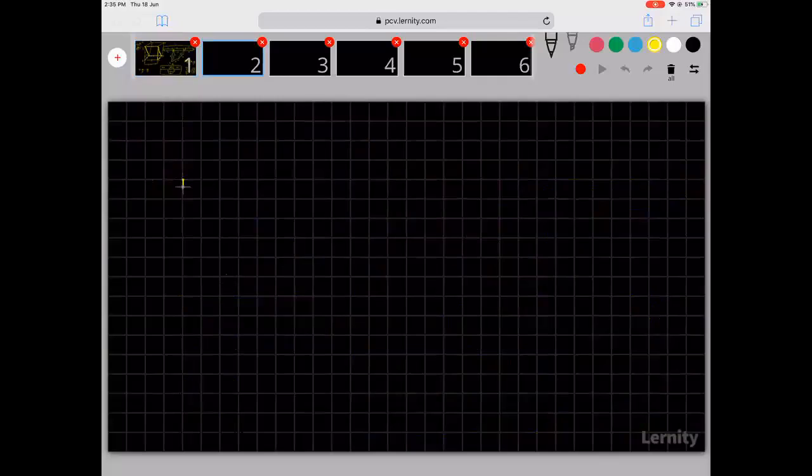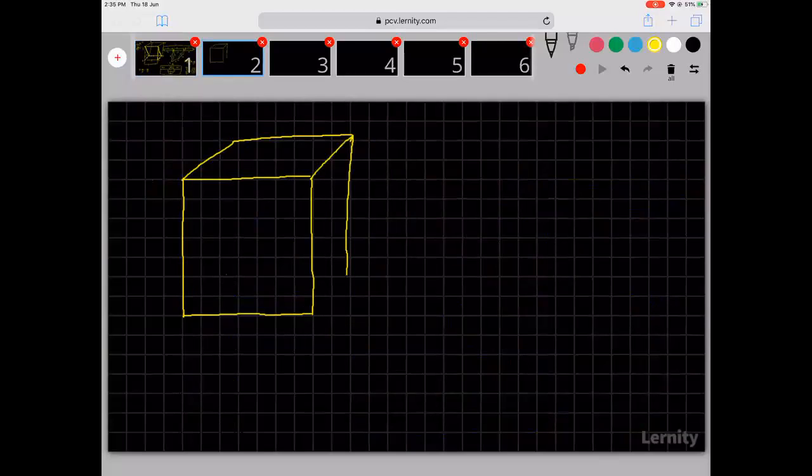Okay, so let me redraw the circuit. So you have 12 resistors which are connected this way.